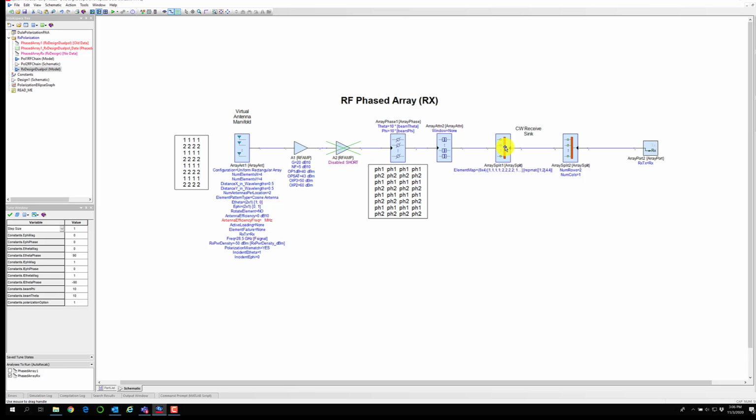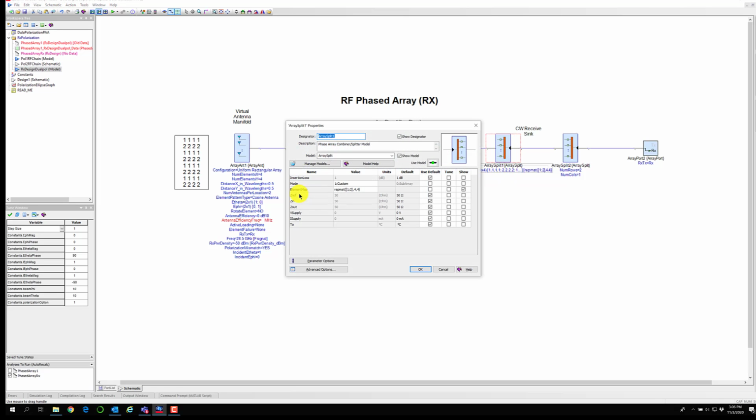The way we do that is by defining a custom mode for the power combiner and telling the combiner to combine all the 16 of one type into one output, and all the other 16 into another. This is done through an element map as shown here.